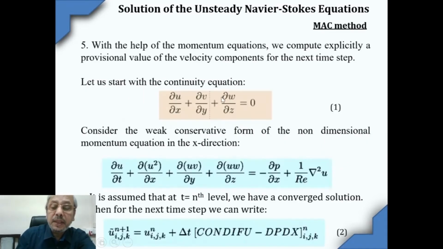I'll go back by one slide. So the u momentum equations can be cast in this mold, and the v and w momentum equations can also be formatted in this way to calculate the provisionally advanced v velocity and w velocity, the way we have calculated the provisionally advanced u velocity.